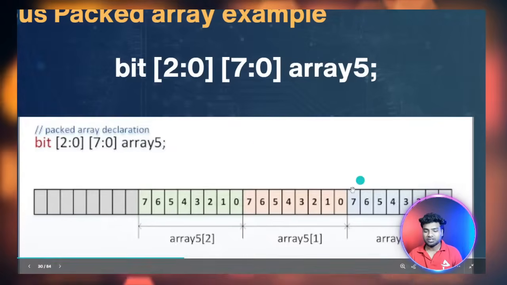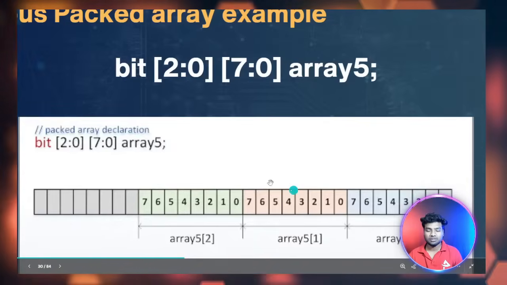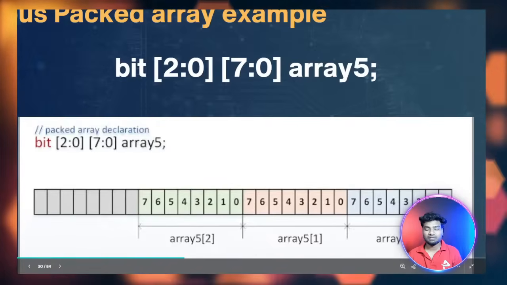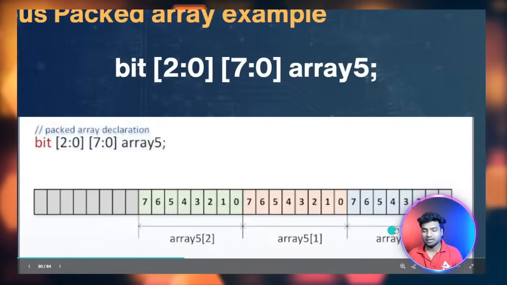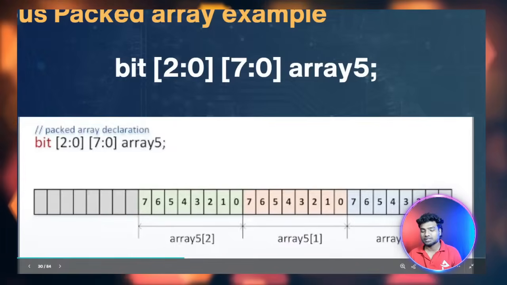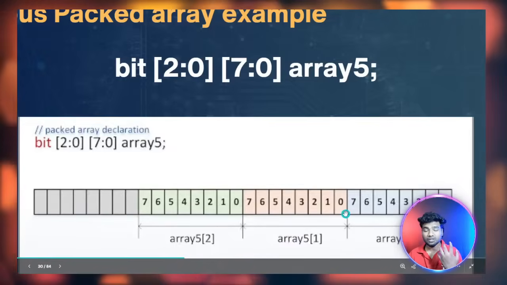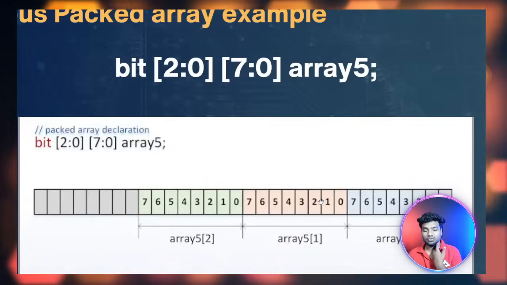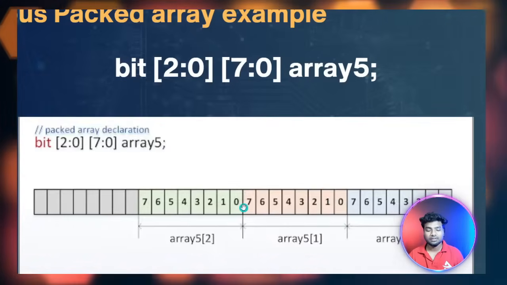This is my first memory location, this is my second, this is my third. In the first memory location I can store 7 bits of data. Here 7 down to 0 means 8 memory locations, and likewise for the others.